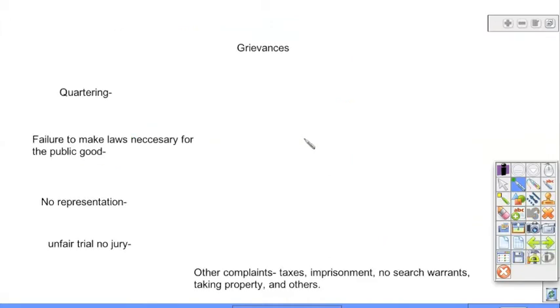Okay, then the Declaration of Independence goes on to list all these grievances. And a grievance simply is a complaint. And they spend a lot of time in the Declaration of Independence making complaints. The first, one of the major ones, being quartering.